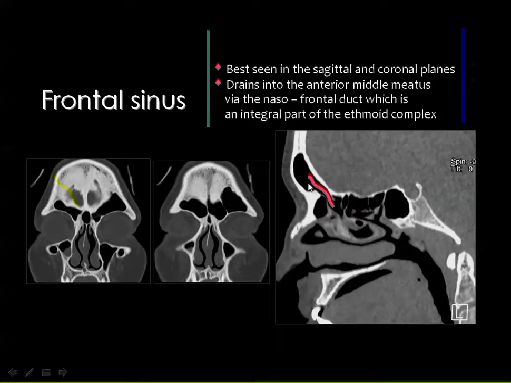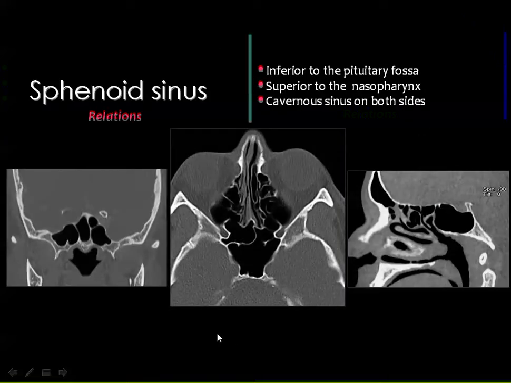Then the nasofrontal duct is a component of the anterior ethmoids. Then you remember, if there is ethmoidal fracture, it will involve the nasofrontal duct, actually resulting in obstruction of the drainage of the frontal sinus.